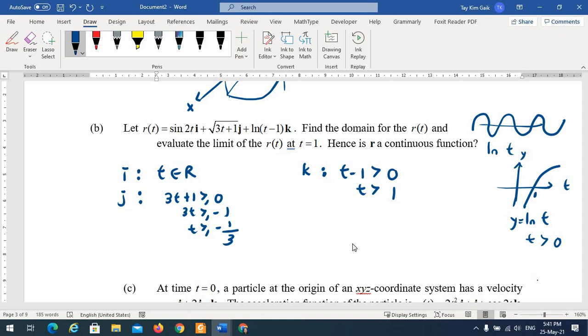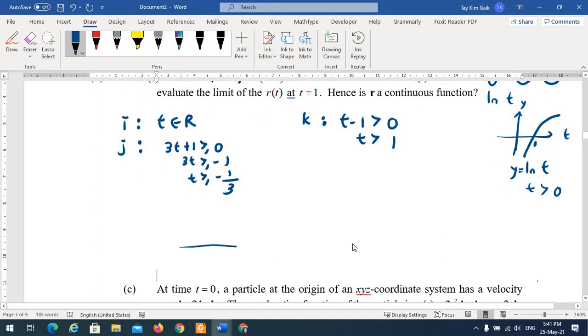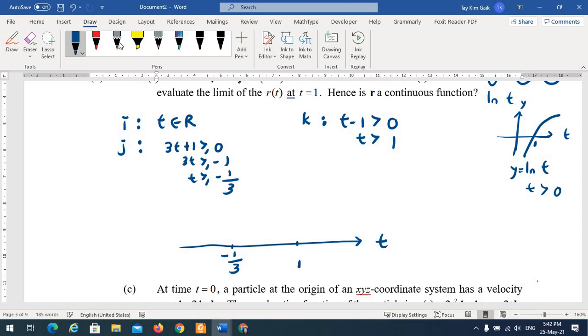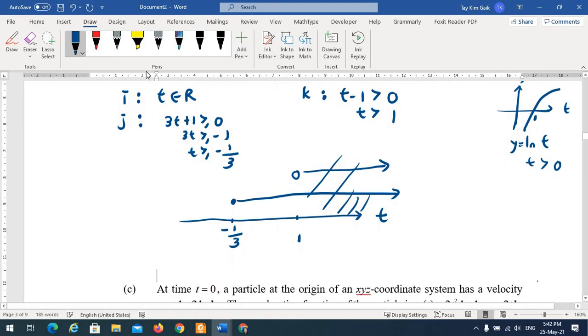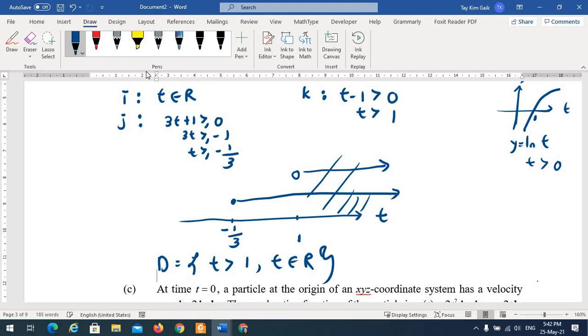So the intersection is only t greater than 1, and t is a member of real numbers.